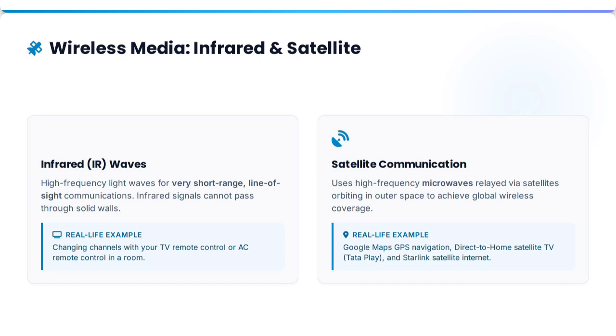And next, satellite communication uses high frequency microwaves relayed via installations in outer space to achieve global wireless communication. A real life example is a satellite providing GPS navigation on your phone, then direct to home DTH cables for TV or satellite internet connection.